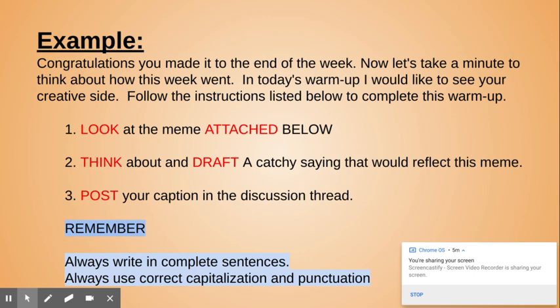Sometimes after you've been given instructions, you might be given, especially in ELA, a little reminder: hey, you need to write in complete sentences, hey, you need to use correct capitalization and punctuation, because you're most likely going to be graded on those things. So it's just a little reminder to make sure you do that. And then here are all the things that we talked about, all highlighted.